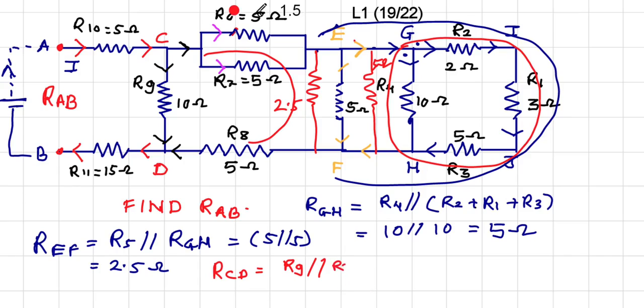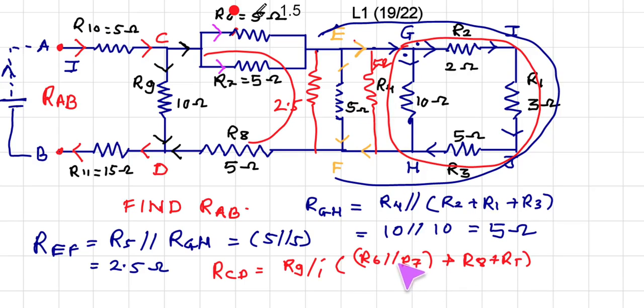Let us consider it is R6 parallel to R7 plus this resistance plus R8 plus R5, whose value we already calculated.